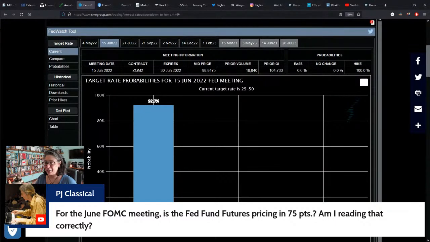But look at the percentages. It's very, very low. So there is a 7.25% chance, but we're still looking at mostly that half point hike. Thanks for the question, PJ. Great question. And again, the target rate probabilities are, where will the rate be once that meeting or once that announcement has been made?